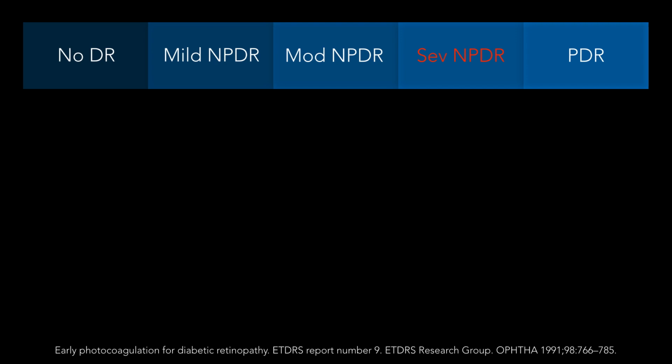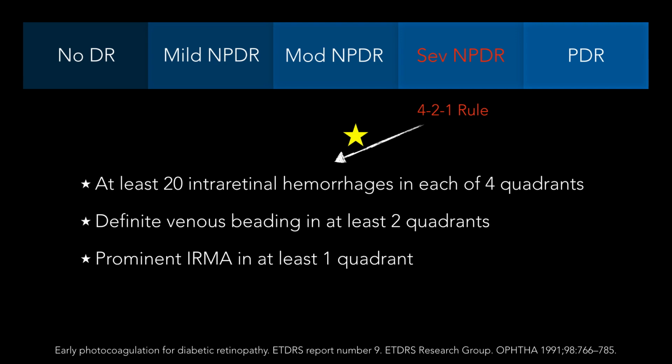Venous beading in 2 quadrants. Or neovascular. It's the German lady's name. Irma. So what does that stand for? Intraretinal microvascular abnormalities, right? And then how many dot-blot hemorrhages do you have to have in a quadrant? 20, right. Good, excellent. And there's the yellow star.